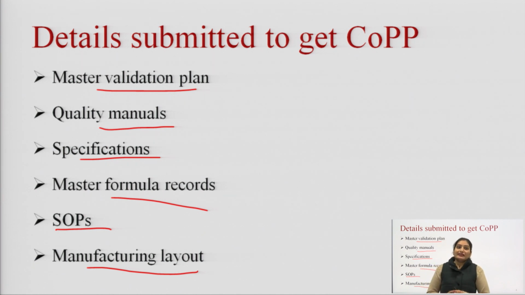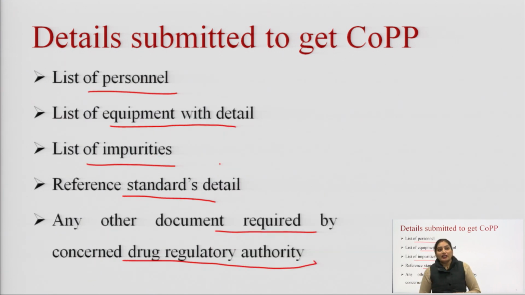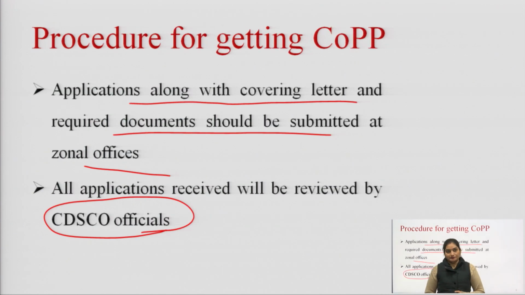So, these documents are master validation plan, quality manuals, specifications, master formulary codes, SOPs, manufacturing layout, list of personnel, list of equipments with details, list of impurities, reference standards detail, and any other document that is required by the concerned drug regulatory authority.